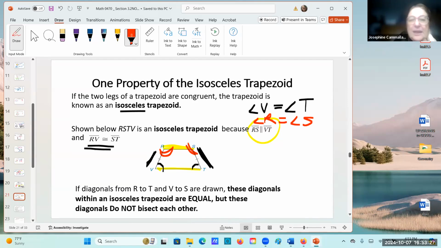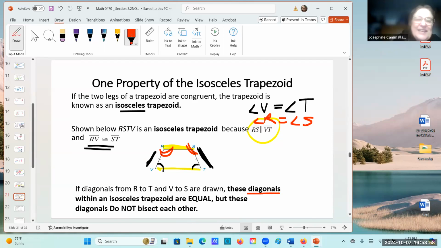Now notice this is unlike a parallelogram, a rectangle, a square, a rhombus. In those other figures, opposite angles are equal. Here, the base angles are equal to each other. The top base angles are equal to each other.